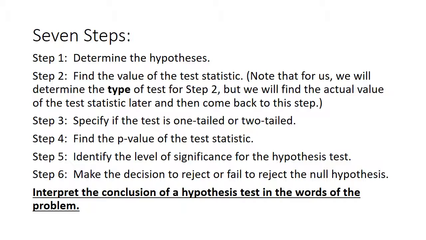Based on our level of significance and our p-value, we make a decision to either reject the null hypothesis because we don't think it's very likely that the null hypothesis is true given these crazy results we got, or fail to reject. Hey, we don't know that the null hypothesis is true, but our results, yeah, it's pretty much what we'd expect with the null hypothesis, so why not?